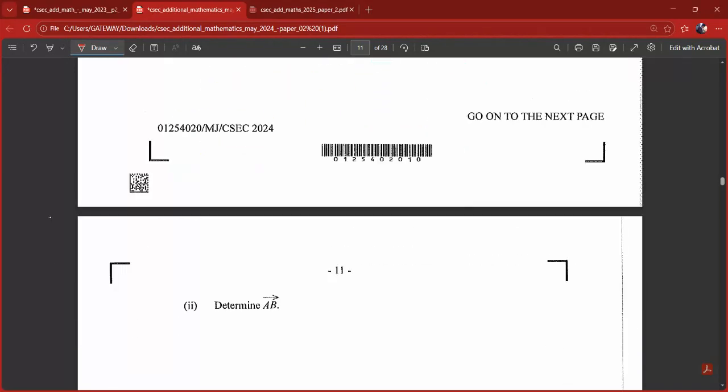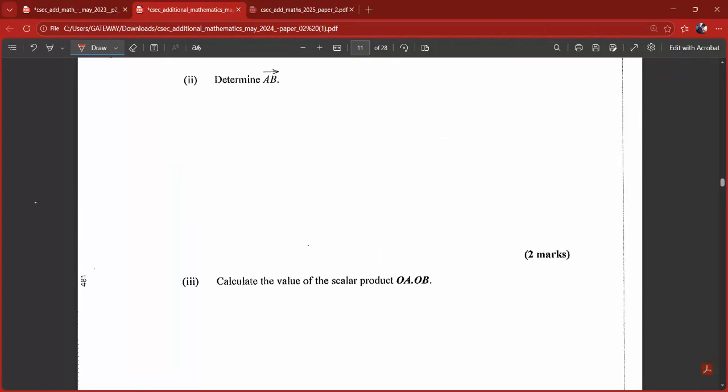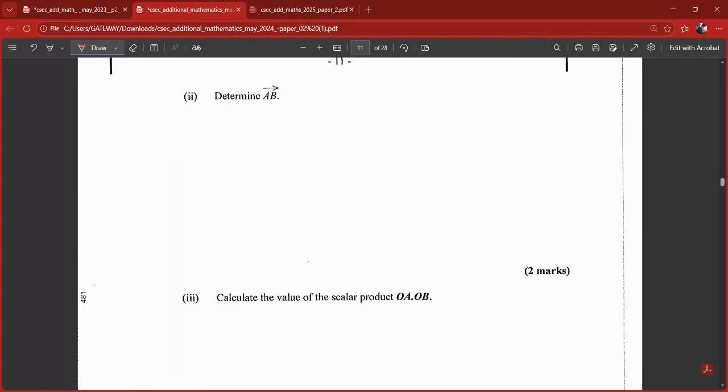So now the way to find AB. I'll put the formula here. So AB would be equal to AO plus OB. Remember that OA was (7, -3), so AO would be (-7, 3), right?